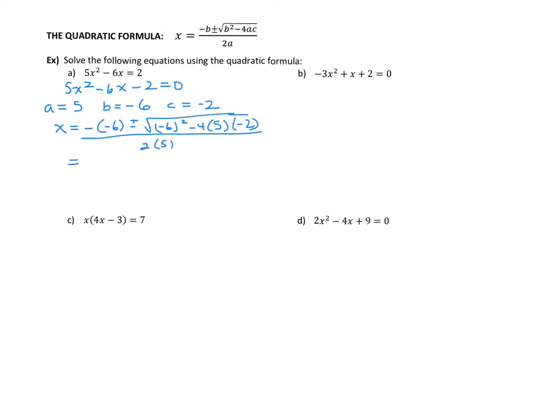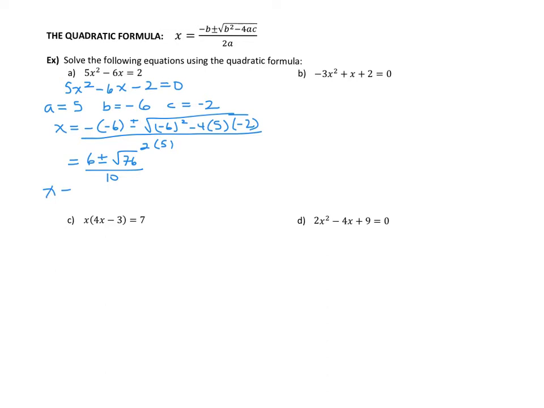All right, a negative times a negative 6 will be positive 6, plus or minus, I'm going to put that in the calculator, minus 4 times 5 times negative 2. Okay, I got a 76 under that square root sign, and that's all divided by 10.